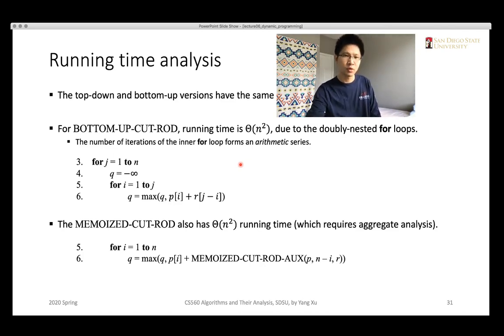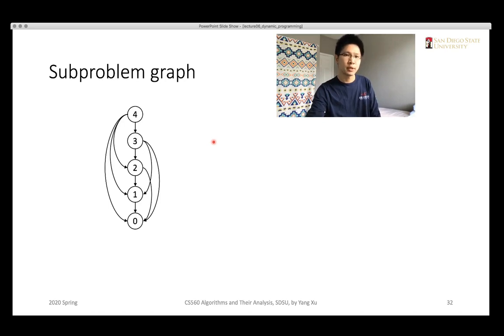Okay, so here we'll introduce another technique of visualizing or analyzing the running time for the dynamic programming solutions. It's something called a subproblem graph.